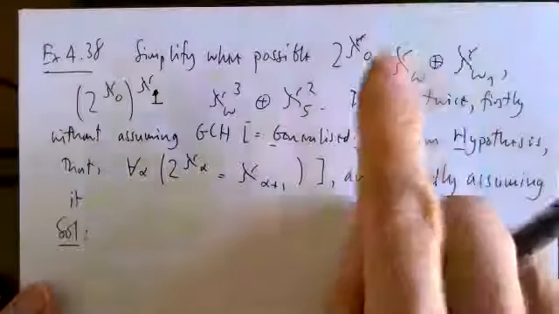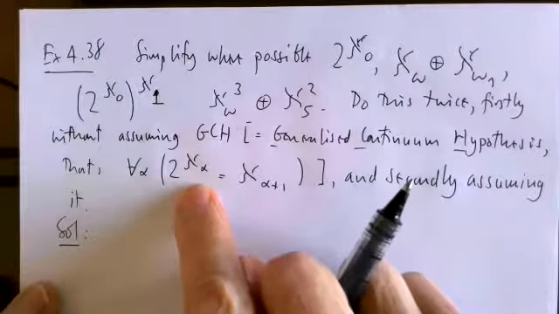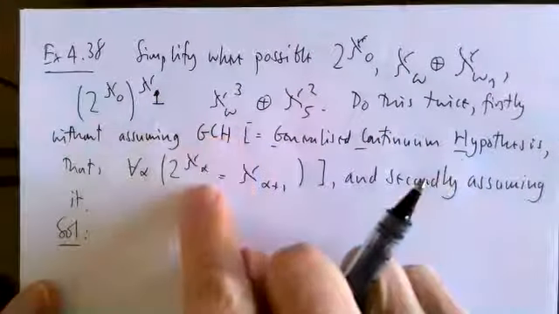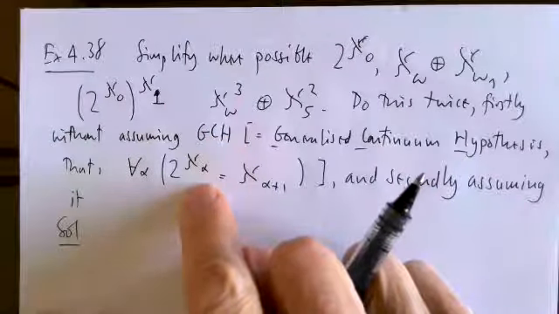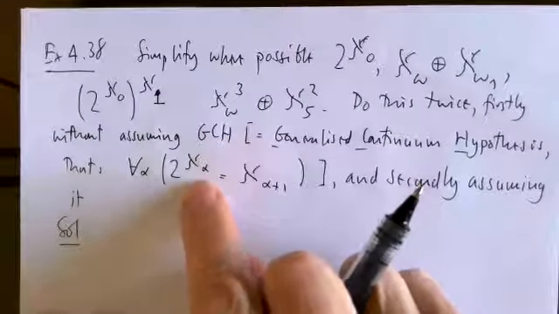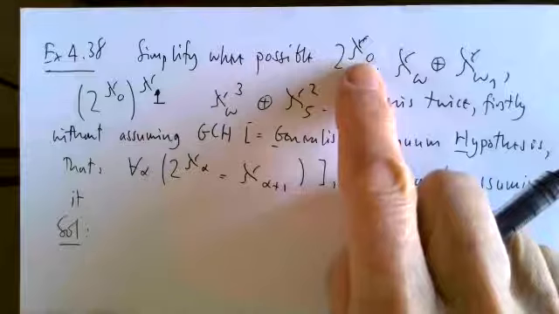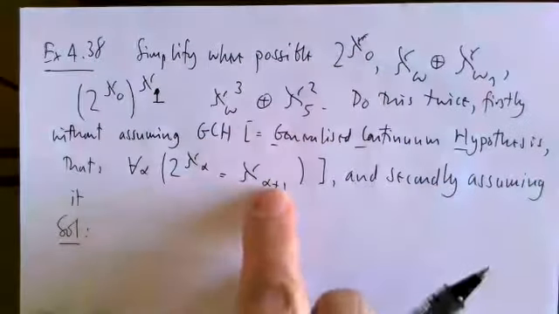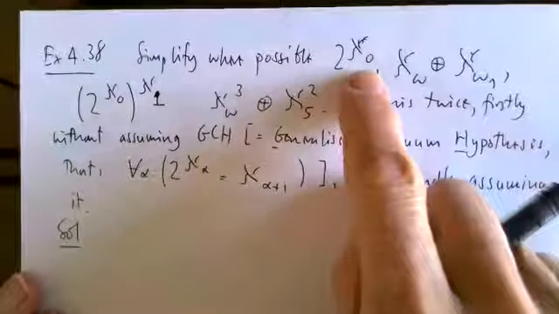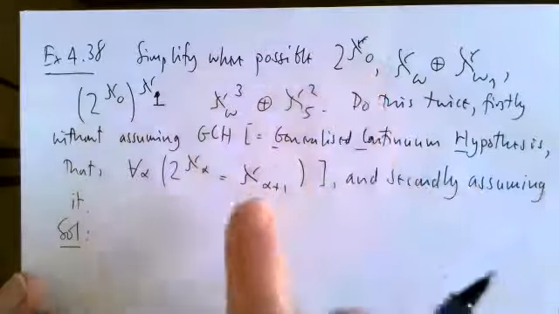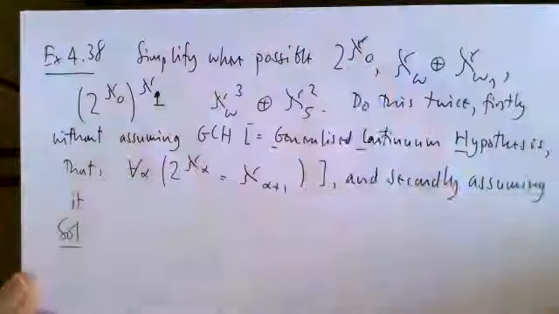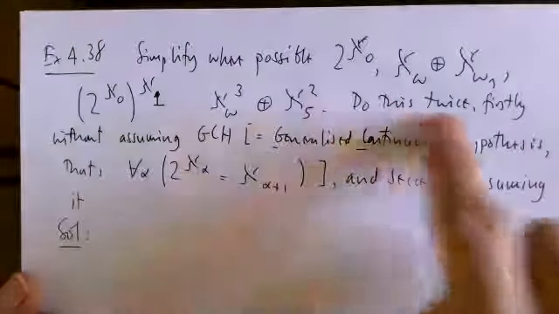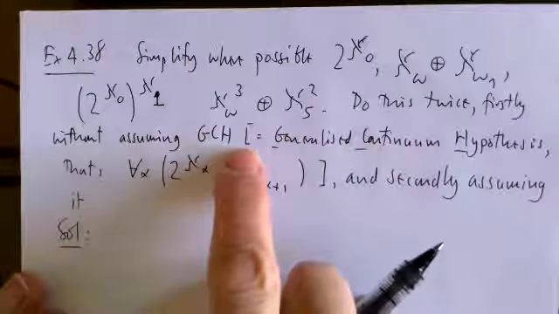Well, we don't know anything about cardinal exponentiation, really. Well, we have those few rules, but we don't know the actual values of these exponentials unless we assume the GCH. So the GCH would make 2 to the Aleph 0 the very next cardinal. It would make this Aleph 1. But we're doing it first without assuming the GCH.